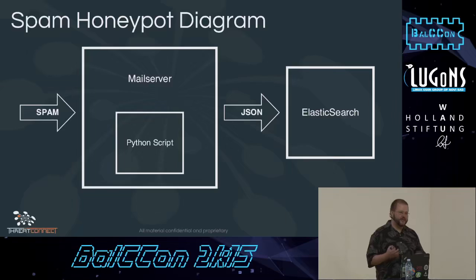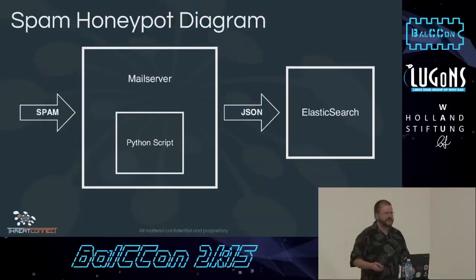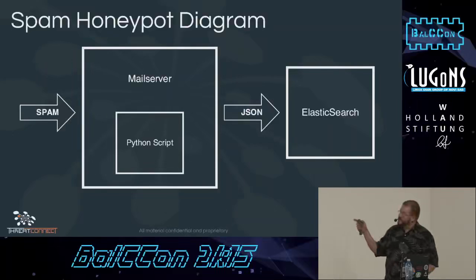I would not recommend using something like Sendmail unless you want to have a Sendmail honeypot with the spam honeypot on top of it. But if you use something like Postfix, then what you do is you have a Python script, and I will go into the details of the Python script.